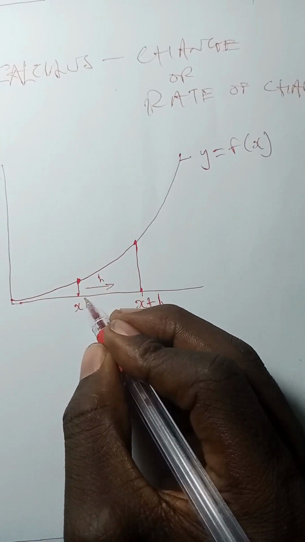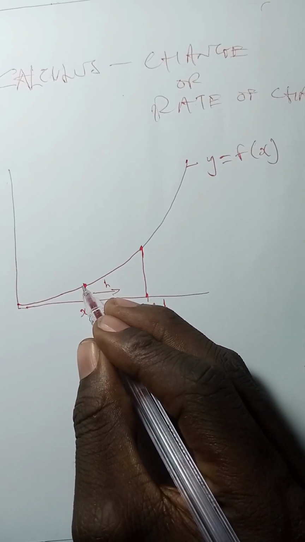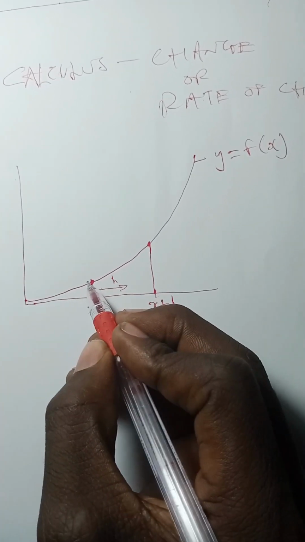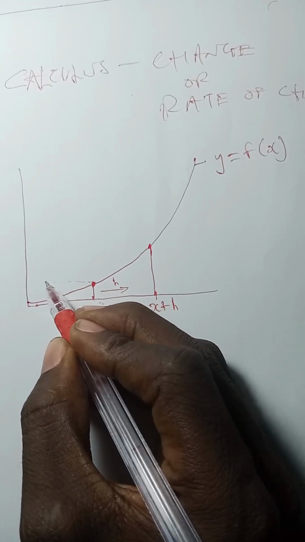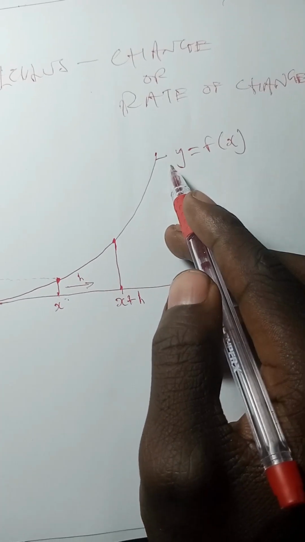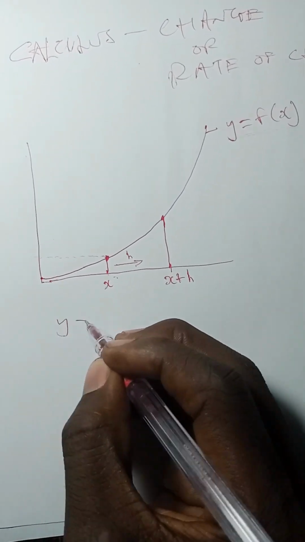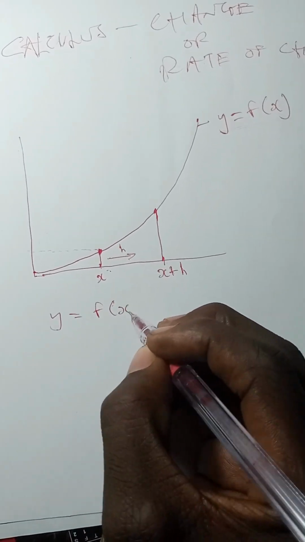The same applies with this one. So we've only stated the x part. Now how can we get the y value part, or the other corresponding value? All we need to do is use the formula of the given function, which is y equals f of x.